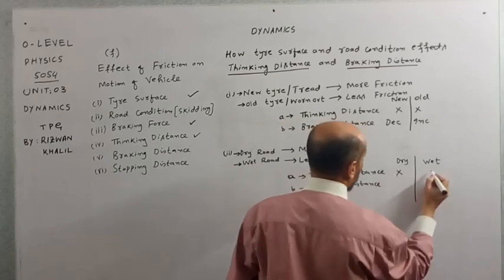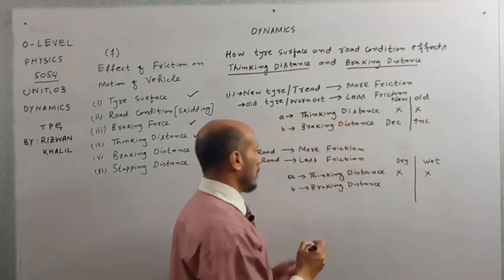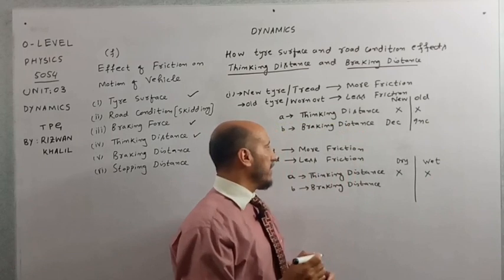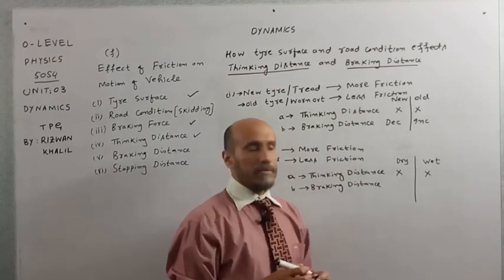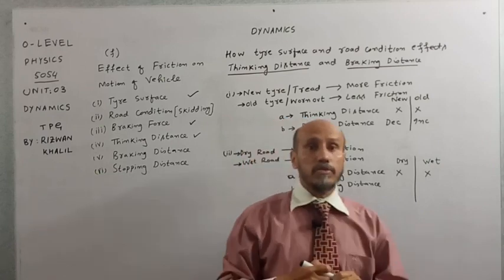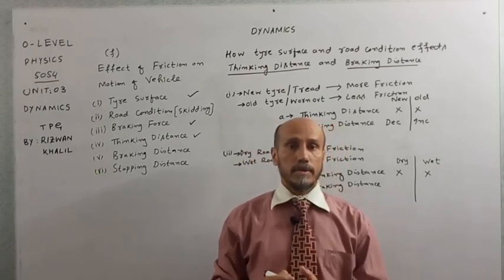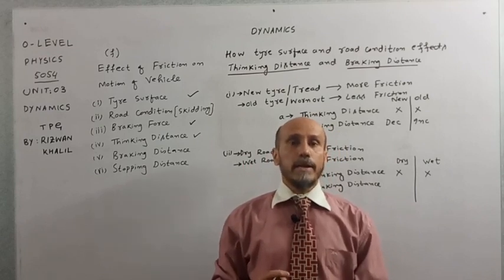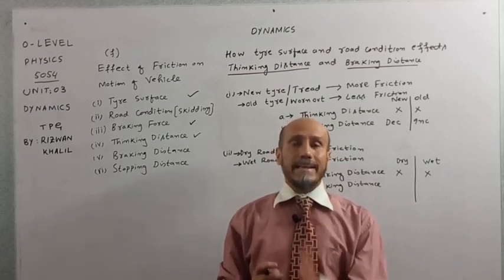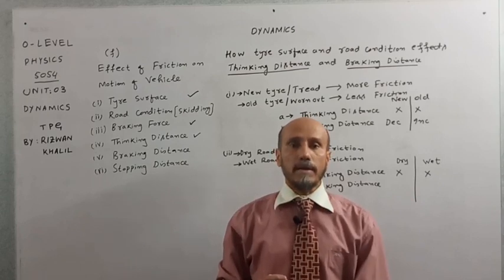Yes, braking distance will be affected by both the dry road and wet road. In case of a dry road, there will be more friction, more grip, and it will take less time to stop the car.